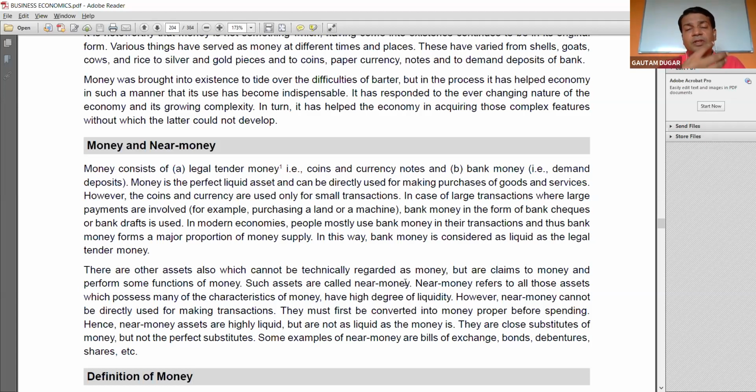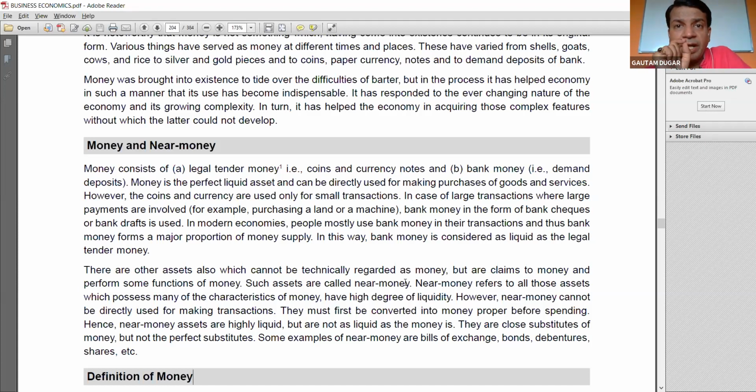If you go down further in the chapter, the measures of the money supply, M1, M2, M3, M4, wherein we know that the money which is deposited in our bank is in several accounts. We have savings account, we have current account, we have recurring deposit and fixed deposit, out of which the money which is deposited in a current account and the savings account is called demand deposits.